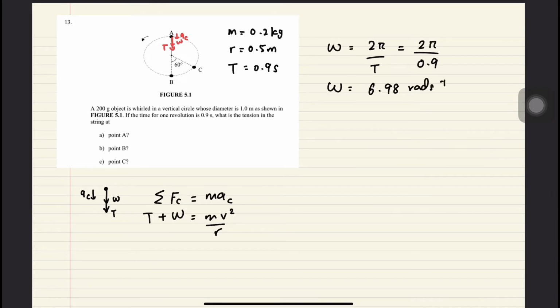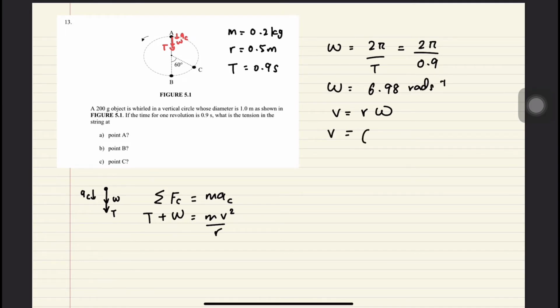Okay, so you can change this formula in terms of omega, or you can find V first. So V is equal to R omega. I want to keep that particular formula, so I change to V instead.